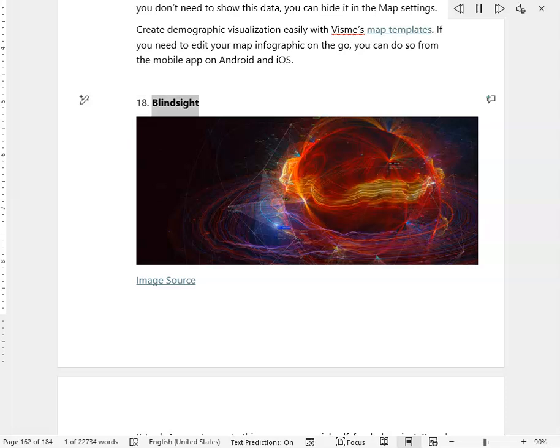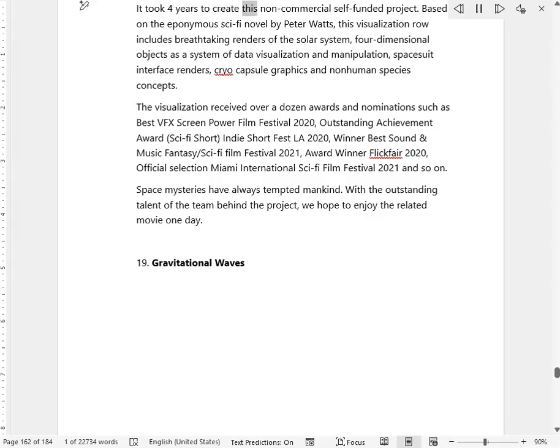18. Blindsight. Image source. It took 4 years to create this non-commercial self-funded project. Based on the eponymous sci-fi novel by Peter Watts, this visualization row includes breathtaking renders of the solar system, 4-dimensional objects as a system of data visualization and manipulation, spacesuit interface renders, cryocapsule graphics, and non-human species concepts.